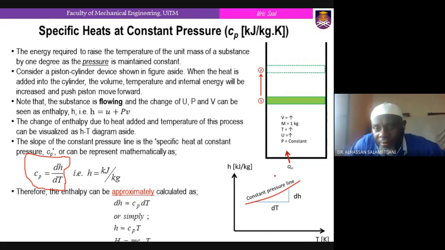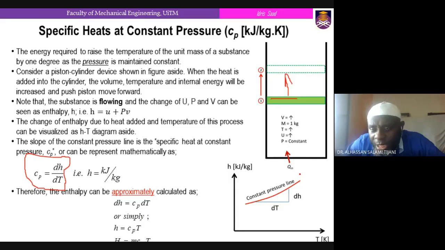Now here, if you look, this is not a rigid vessel. This is a piston cylinder arrangement. We have a vessel and a piston. This piston moves up and down. It has the ability to move up and down.